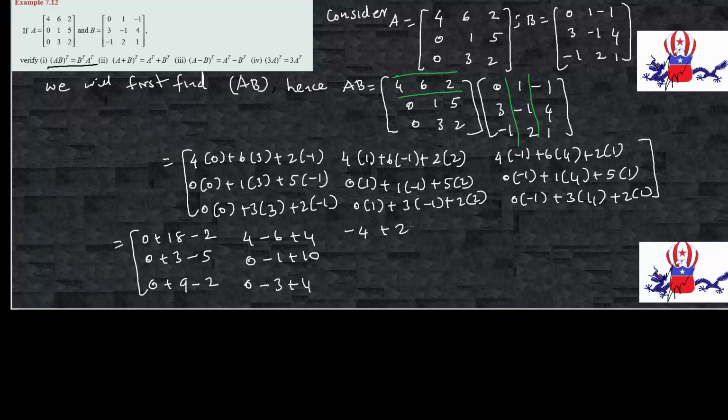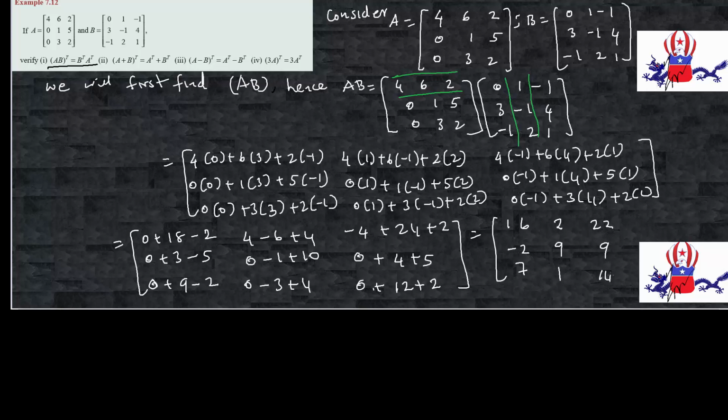And for the last column, it's negative 4, positive 24, positive 2, and 0, positive 4, positive 5, and 0, positive 12, positive 2, which can be further simplified to obtain 16, negative 2, and 9, negative 2 would give me 7, and that would be 2 and 9 and 1. The last column would give me 22 and 9 and 14.